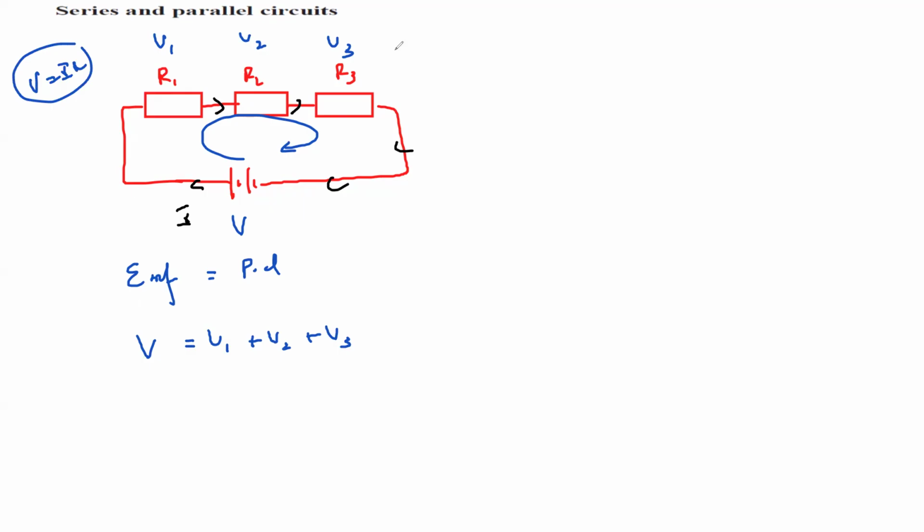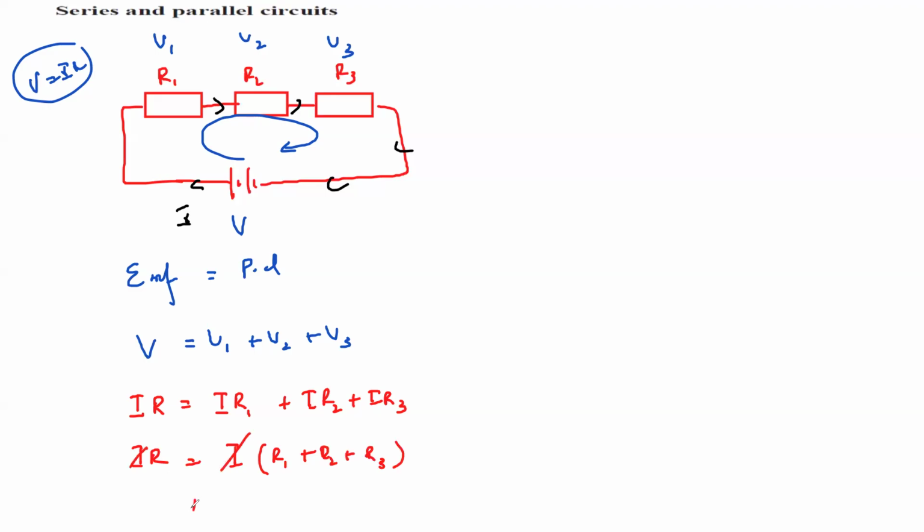So this will equal I and the total resistance of the circuit. The current here is I and the first resistance R1, this will be R2 and this will be R3. We take I common from both sides, so this will be R1 plus R2 plus R3.